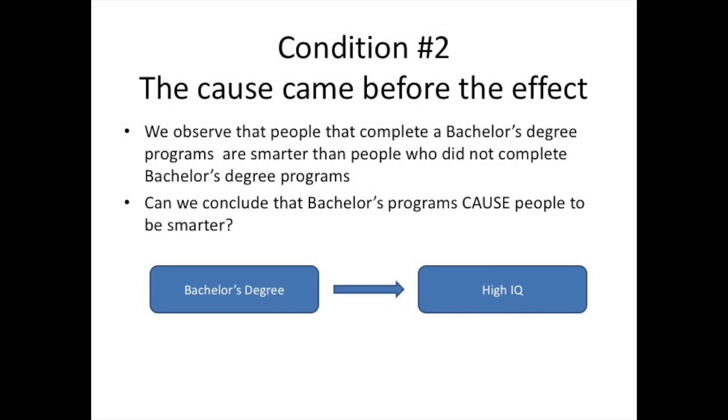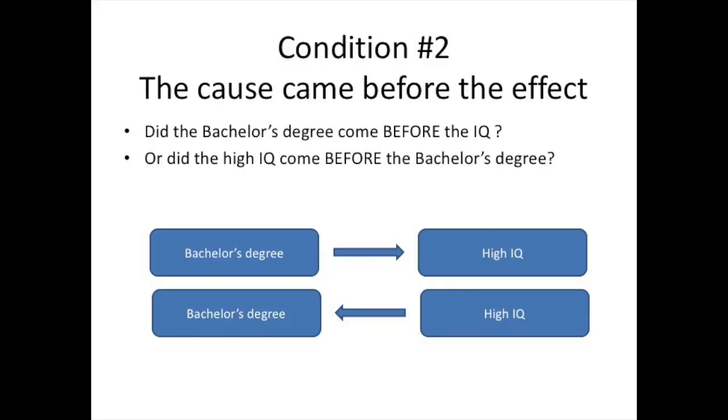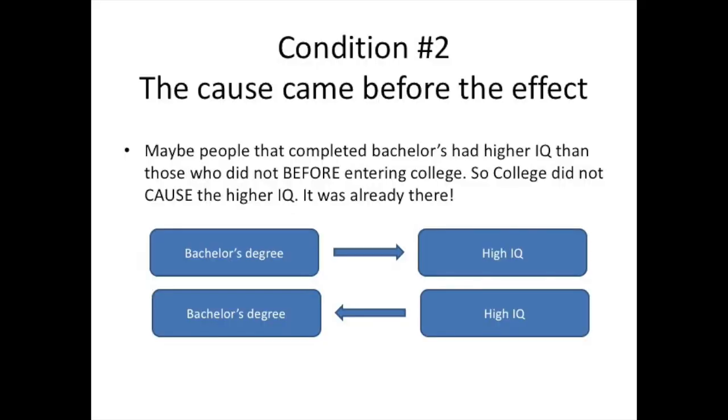Well, it could be that smarter people went to college in the first place, right? So the higher IQ is causing them to have a bachelor's degree and not the other way around, right? It could be that people that completed a bachelor's degree had a higher IQ than those who did not, even before entering college.